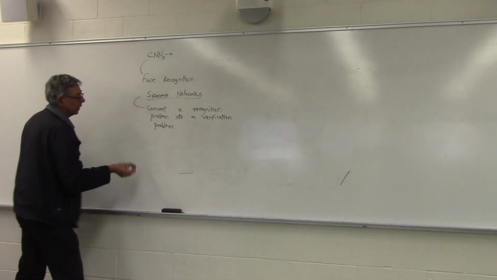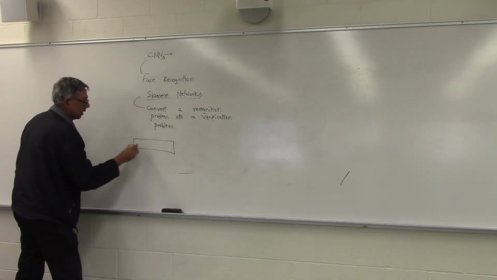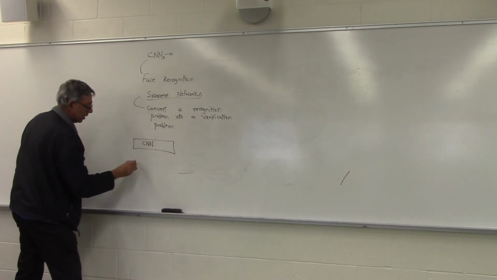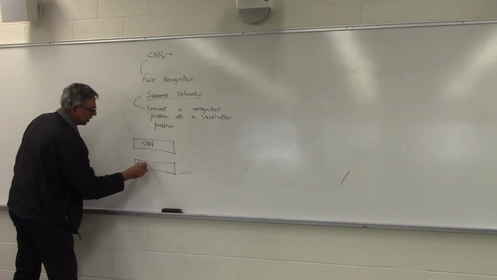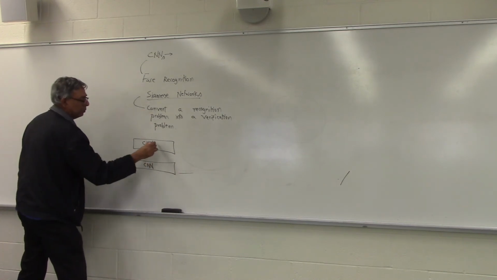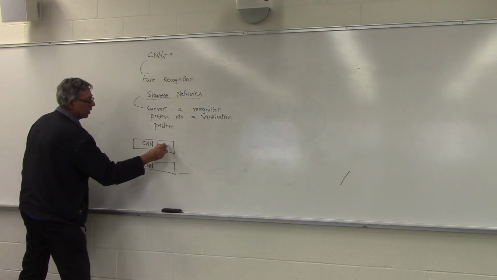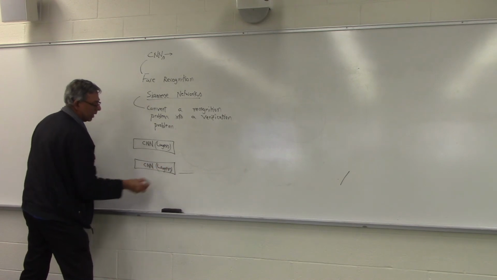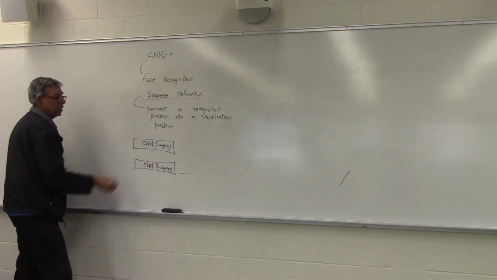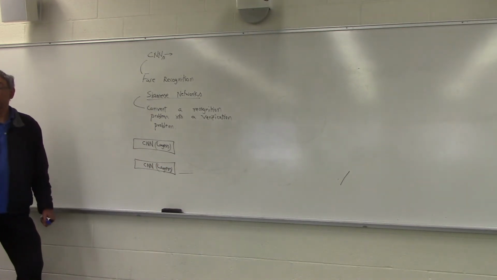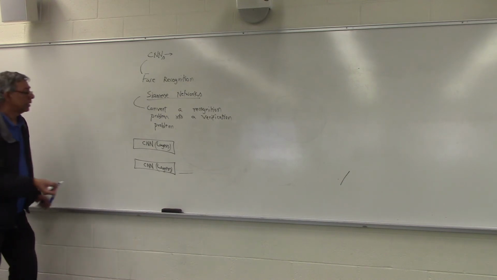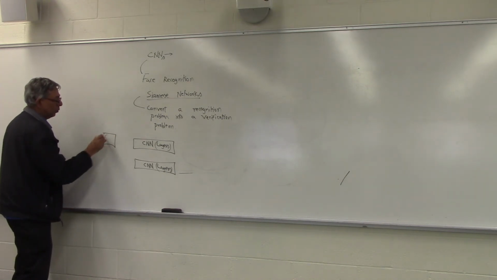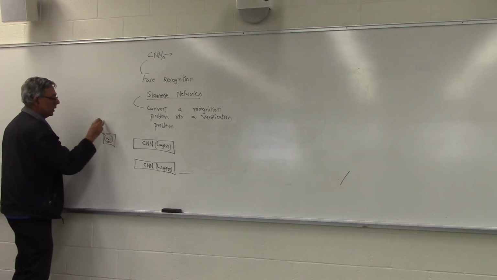This is what we do in a Siamese network. We put a CNN, and we put another CNN, again with many layers. These two CNNs are identical in terms of weights and biases. Then we give it a picture of a person, let's say person X. We don't know who that is.